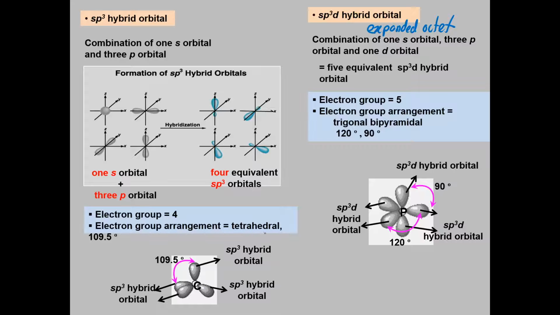Even ada 5, because now instead of guna 1 daripada S dan 3 daripada P, now they also ambil daripada D orbitals. 1, 2, 3, 4, 5 D. So dia ambil 1S, dia ambil 3 daripada P ni, and dia also ambil 1 dari D ni. So dia dah mix menjadi sp3d orbital. Okay, so dia jadi trigonal bipyramidal.